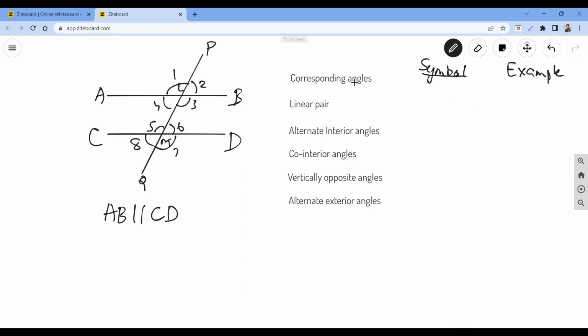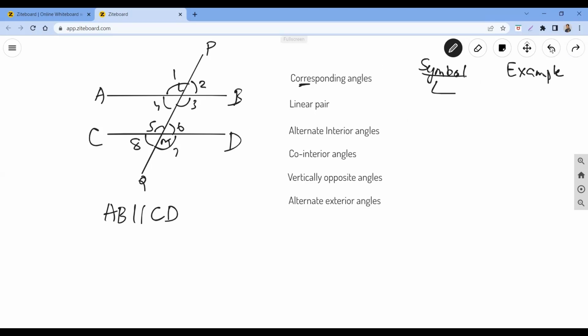So when I say corresponding angles, see here, there are two R's, no? R, okay, something like this. So you have that kind of a symbol, correct? When you have such a thing, that's a corresponding angle.